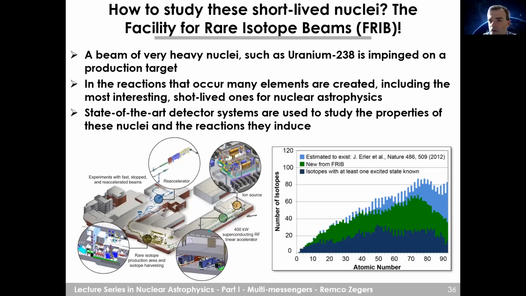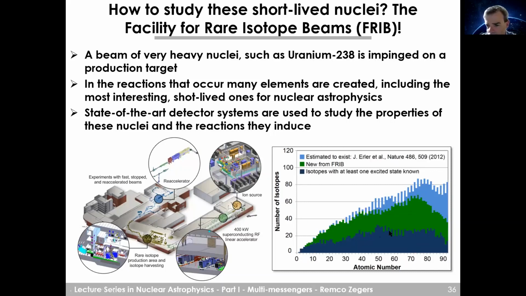Some of them are the most interesting short-lived ones that can also be found in exploding stars, for example. These are extremely interesting for nuclear astrophysics research. Then we use complex detector systems to study the properties of these nuclei and the reactions they induce. This is a little overview of the facility on the left here. Maybe in the following lectures, you'll see a little bit more about that. On the right-hand side is an overview of the nuclei that we hope we can produce at FRIB.